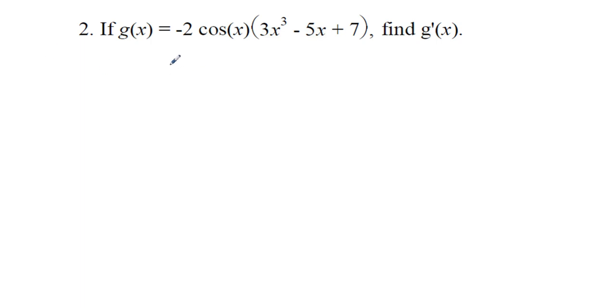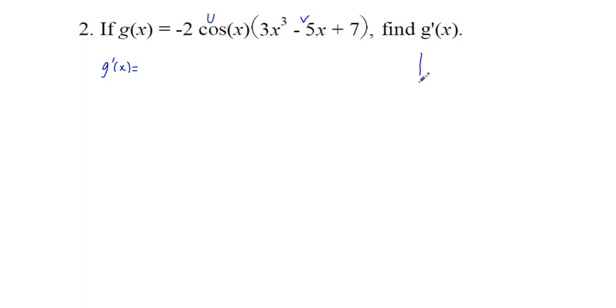Number 2. If g of x equals negative 2 cosine x times the quantity 3x cubed minus 5x plus 7, find g prime of x. So very similar to problem number 1, except that we have more complicated, busier functions. We're going to say g prime of x is equal to something we haven't figured out yet.